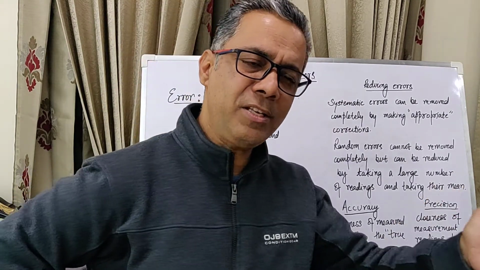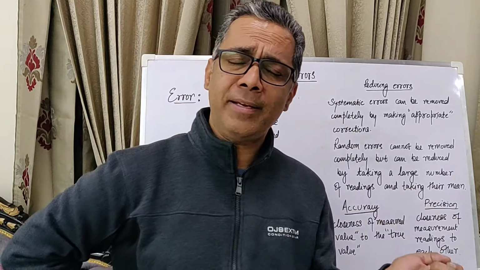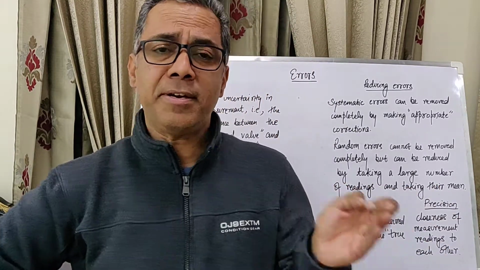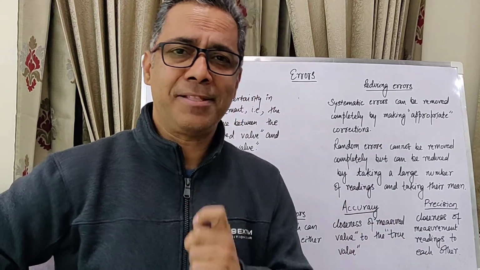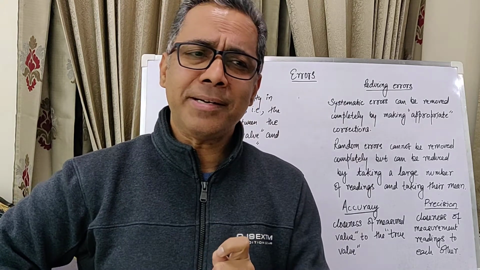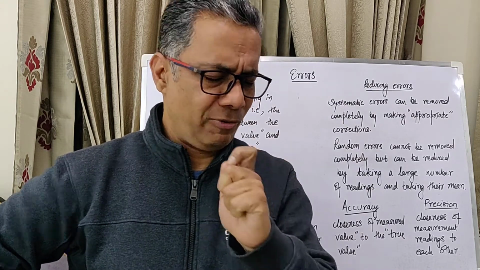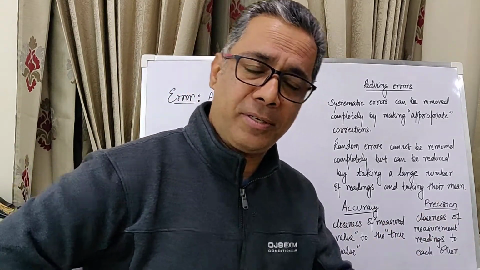An overestimate is when the measured value is greater than the true value, and an underestimate happens when the measured value is less than the true value. Now, a systematic error will absolutely always occur in one direction.